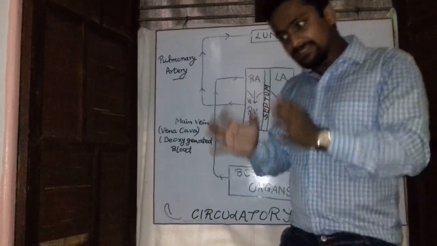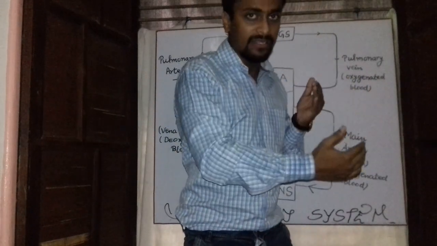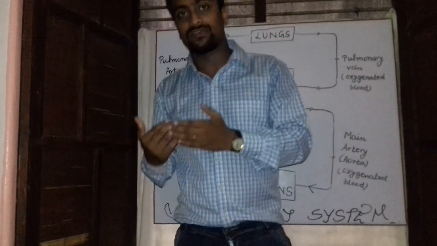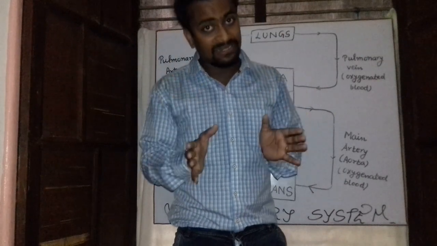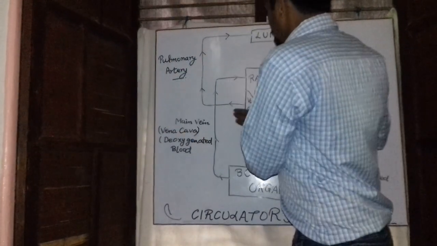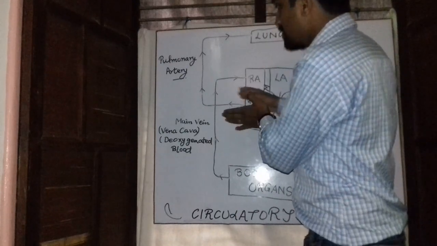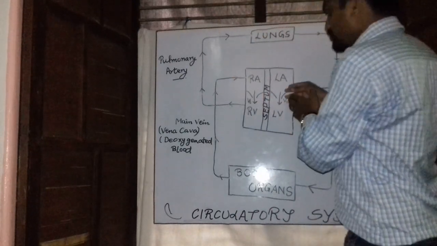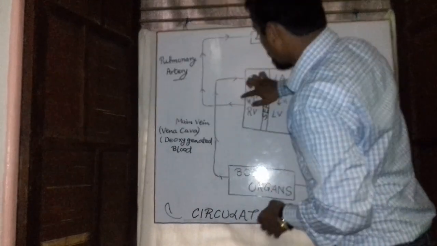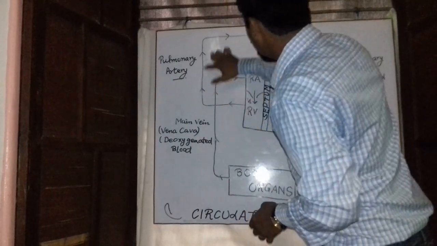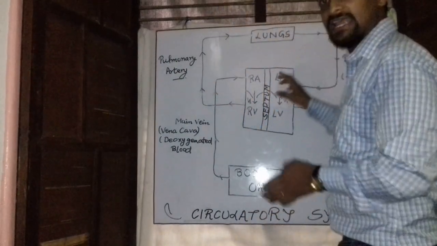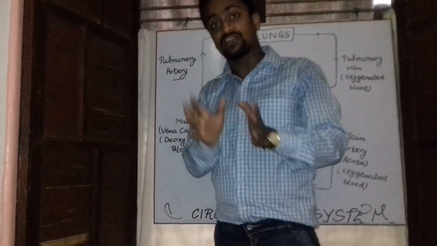Now this double circulation is divided into two parts. First is the pulmonary and second is the systemic circulation. What do you mean by pulmonary circulation? The circulation of blood from the heart to the lungs and back to the heart is called pulmonary circulation.